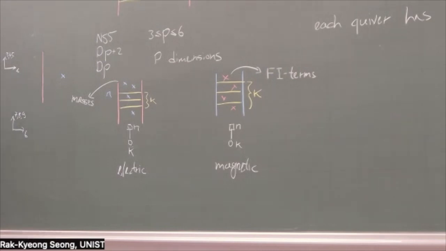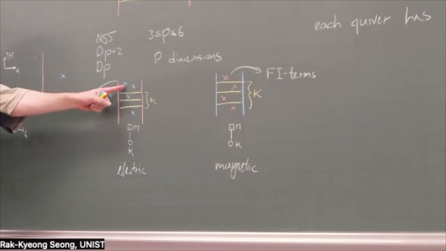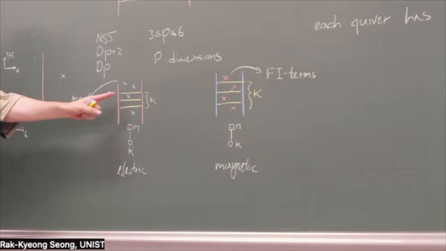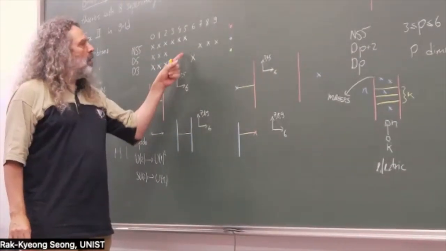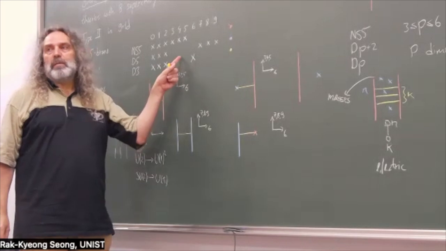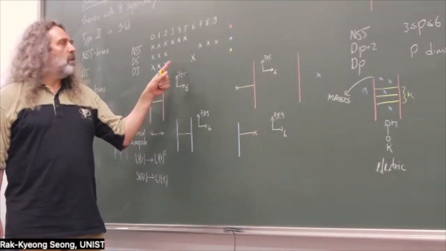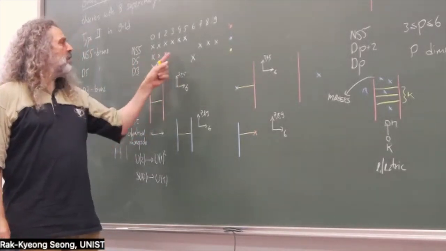So, but if we vary the dimensions, for example, if this is a D6 brane and this is a D4 brane, the position now is 2 real dimensional. If it's 3 and 5, it's 3 real dimensional.